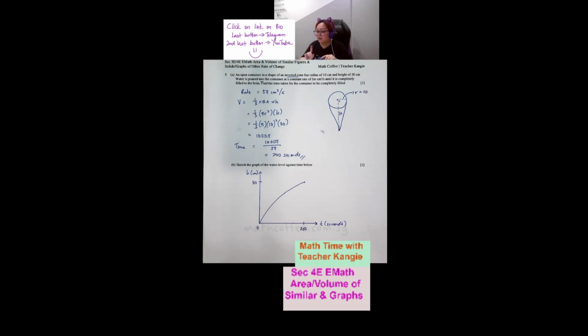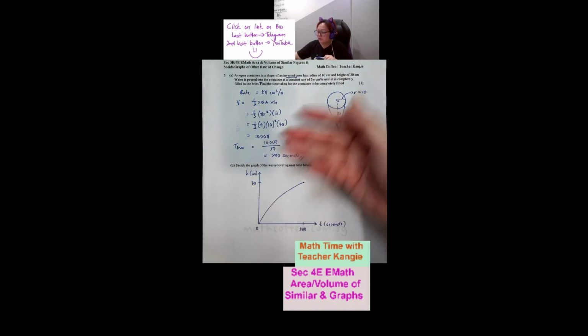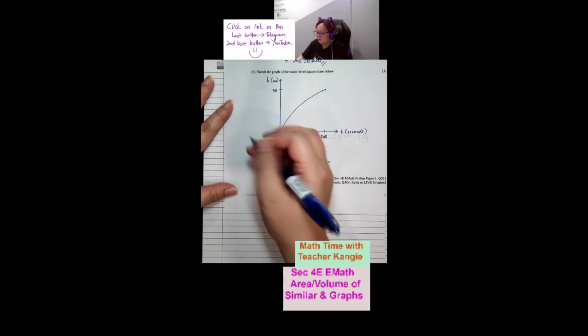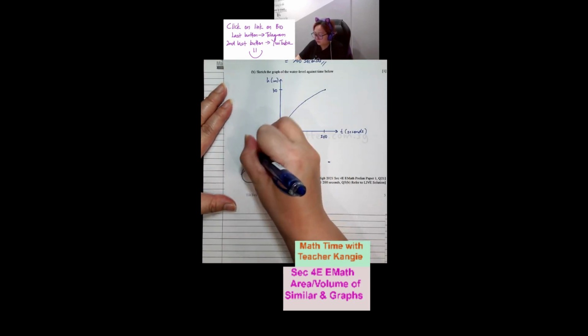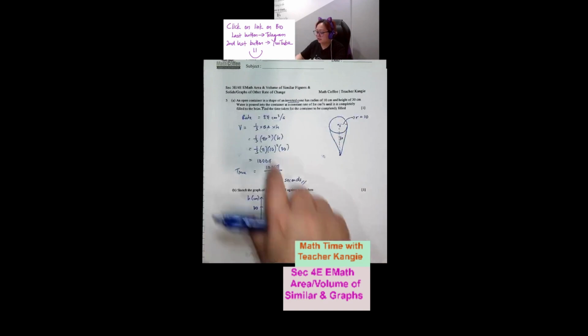Okay, if today they tell you that it is not an inverted cone, it's the other way around. Let's say I draw it here. If it is this one, then of course it will not be an open container.